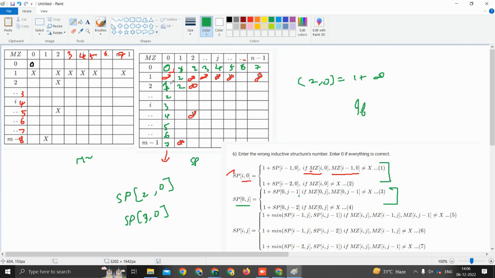So how can you reach this? I'm taking the minimum of the 3 and then adding 1 to it. Because you can come to this point, then come here directly, right? I think it's not the minimum of 3; it's the minimum of the up and the left, because you cannot come diagonally. Got it. So if you want to reach this point, it's going to be the minimum of these two plus 1, right?